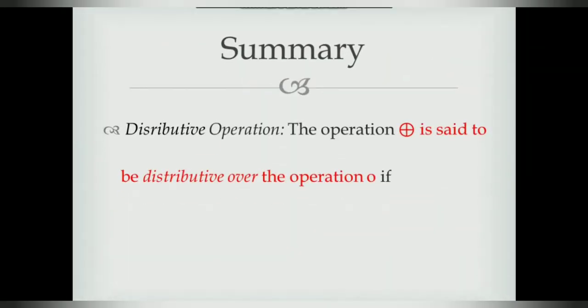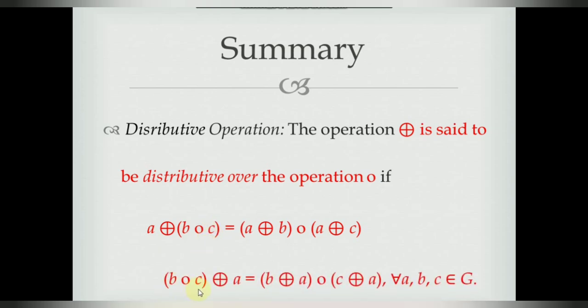Distributive operation. The operation round plus is said to be distributive over the operation dot if A round plus (B dot C) is equal to (A round plus B) dot (A round plus C). That is, here we are able to distribute the operation outside the bracket over the terms inside the bracket.